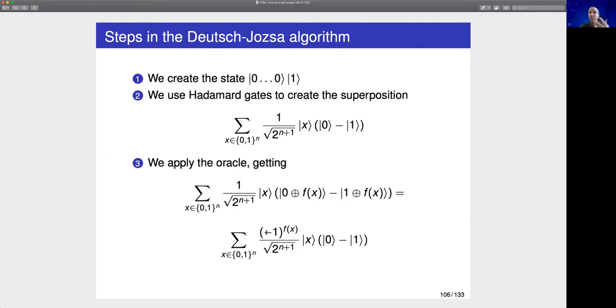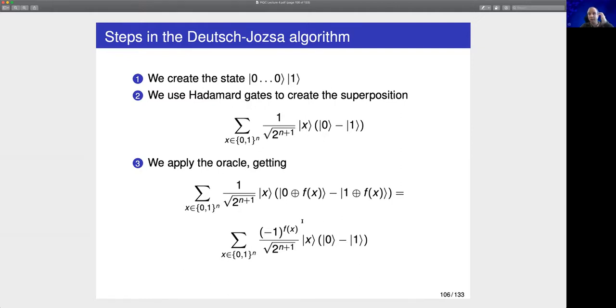We can write all this in a more compact way by using this factor here, (-1)^f(x). Because if f(x) is 0, then this is 1, and we have 0 minus 1, which is what we needed. And if f(x) is 1, then we have -1, which is multiplied by this 0 minus 1, giving 1 minus 0, as we needed.